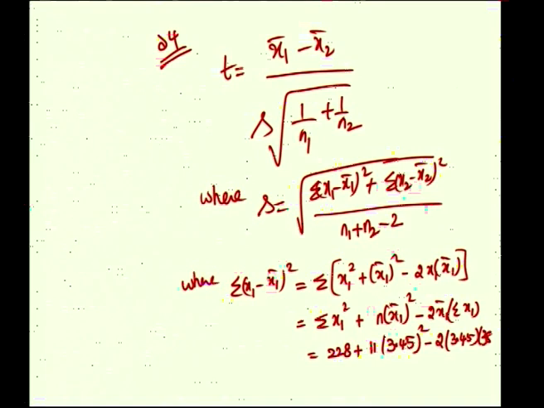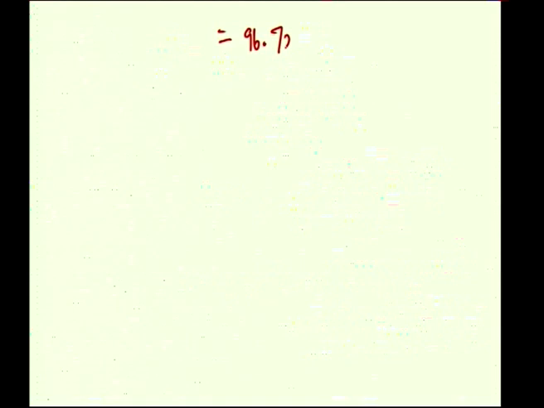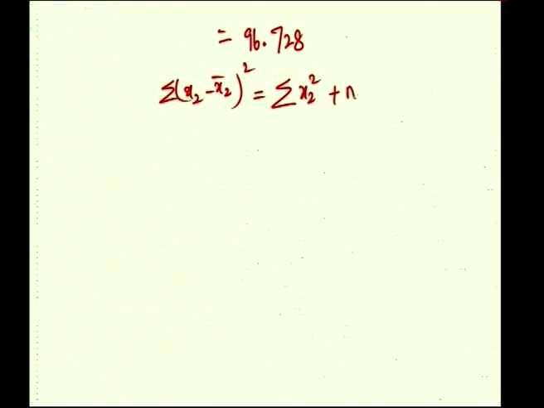Okay. And this value after simplification comes to be equal to 96.728. Similarly, summation (x2 minus x2 bar) whole square is found out as summation x2 square plus n into x2 bar square minus 2 x2 bar into summation x2.